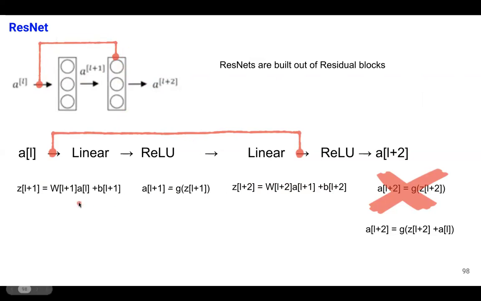So for ResNet, we will have the normal main path. Additionally, we will have this skip connection where A^(L+2) is not only ReLU operated on Z^(L+2), but we also have to add A^L to it. So this is the idea of ResNet. You have the main path as well as the skip connection.